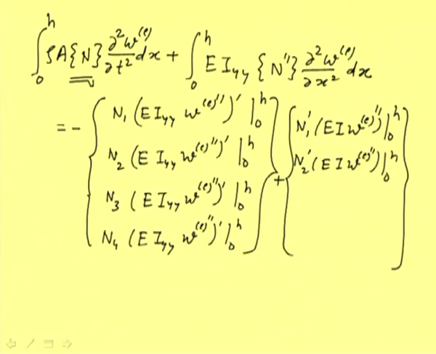These terms will get simplified once we start substituting the boundary conditions, 0 and h conditions, because we know the shape functions have some inherent property, either they become 1 or 0 at these ends.